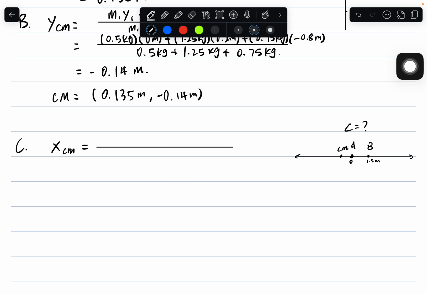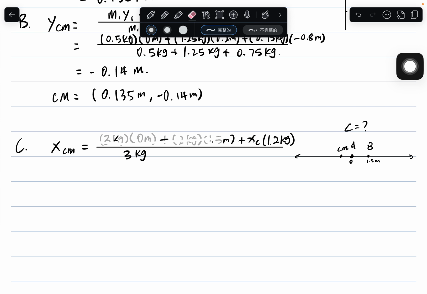The x coordinate of the center of mass equals the mass of A, which is 3 kilograms, times its coordinate, which is 0 because it's at the origin, plus the second one, 2 kilograms times 1.5 meters, plus the third, 1.2 kilograms times xc.